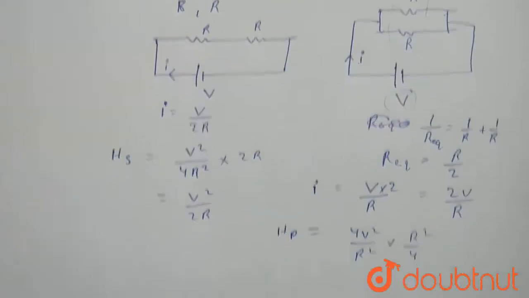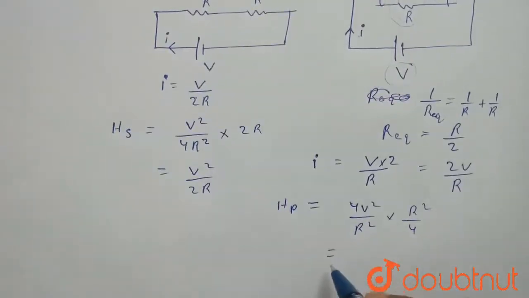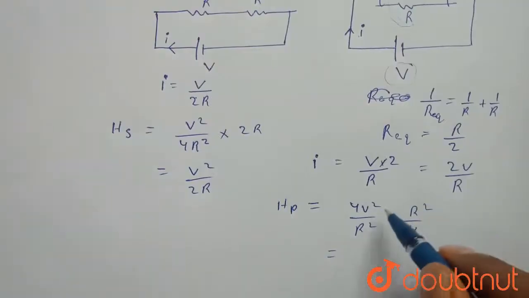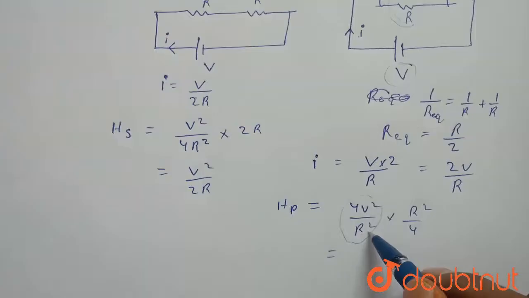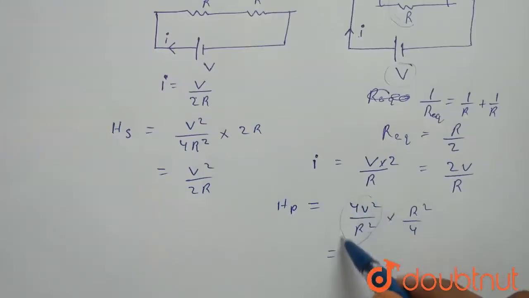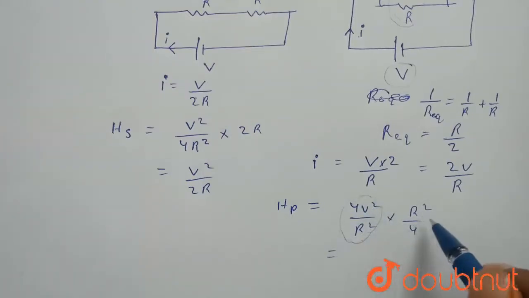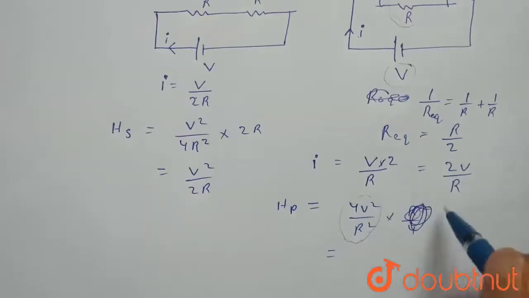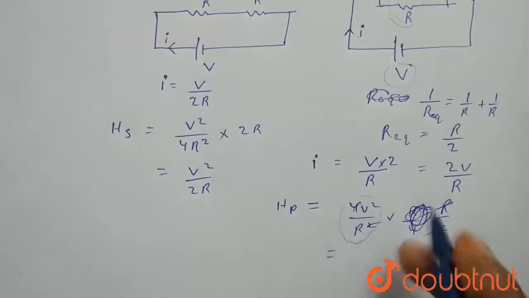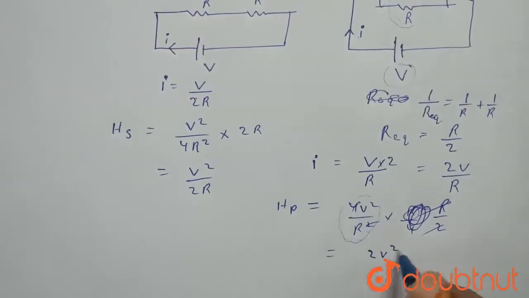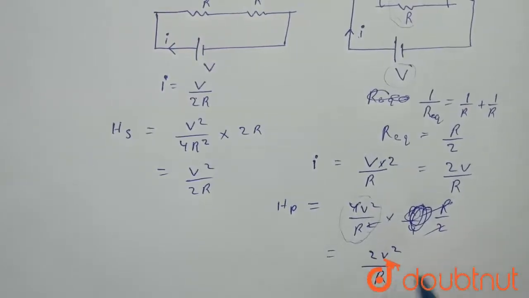So heat produced in this case will be 4V square upon R square. This is I square into R. R is R by 2. So this is coming out to be 2V square upon R.